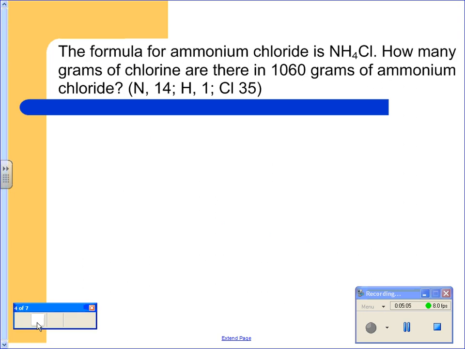See if you can figure this one out yourself. Yeah, they're bigger numbers, but it's the same concept. Yeah, Cl is chlorine. Hydrogen, there are 4 hydrogens.